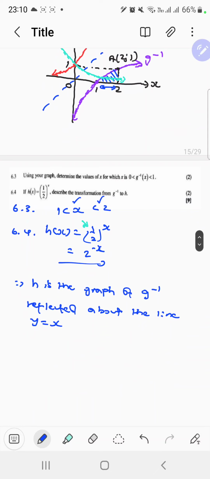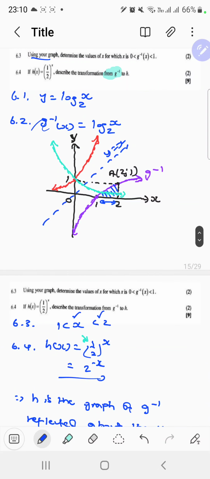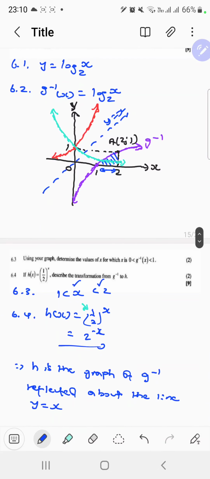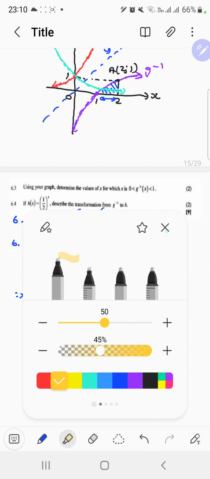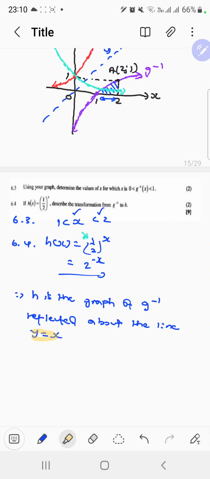I've discussed all of these reflections of graphs when I discussed the exponential graph together with the log graph. So what do we have here? We can say we essentially reflected the graph of g about the line y equal to x. This is an inverse line, so it's very important. It's one of the key elements of this explanation.